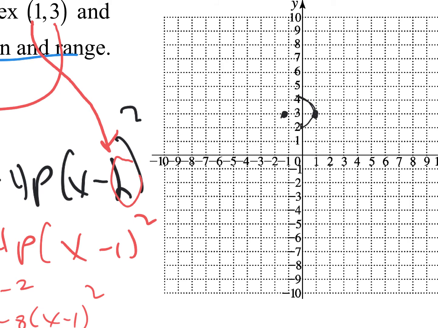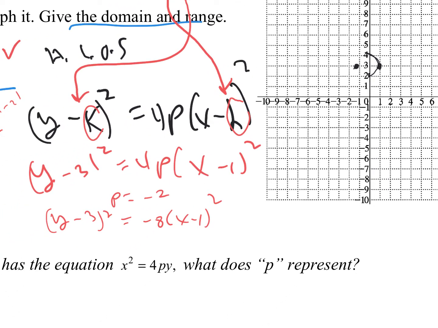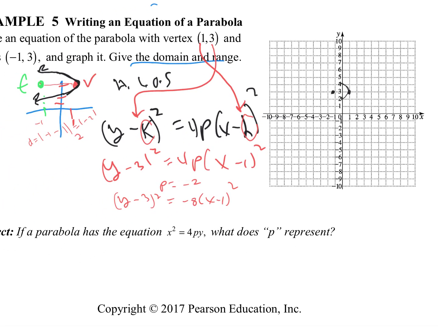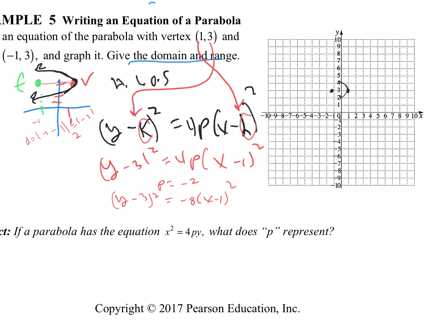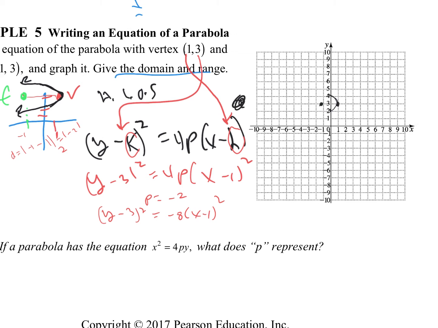I just need to probably have at least one more solid point. So that's where we can take x. What would be the easiest to plug in? Let's plug in an easy x of 0.